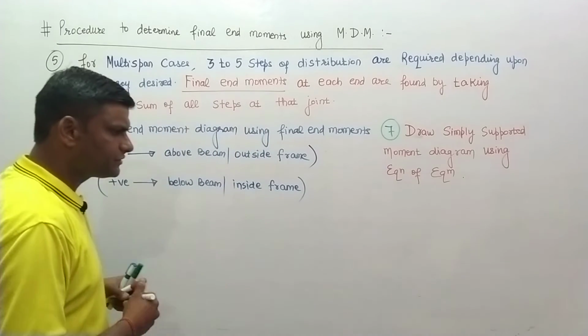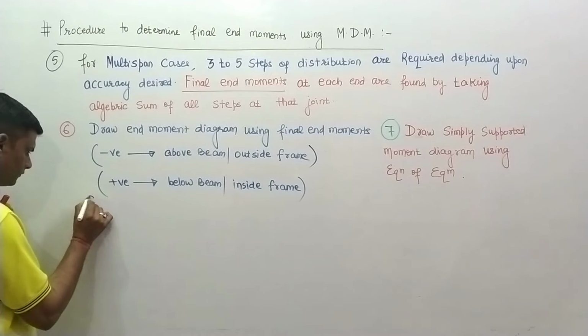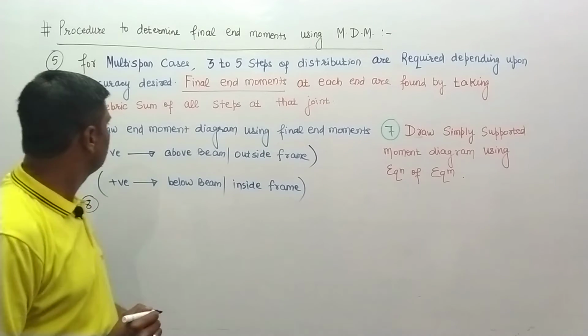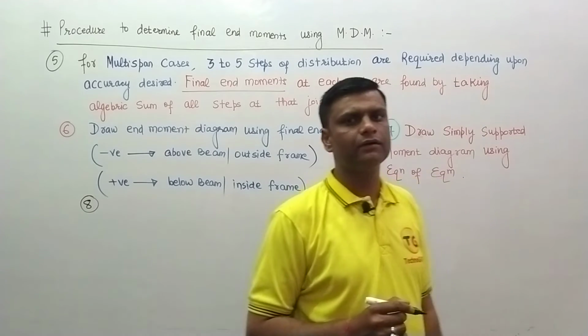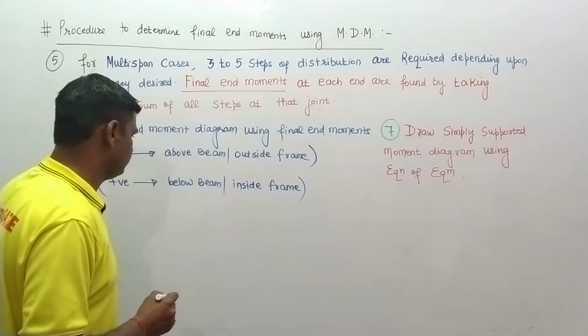Now eighth step is to superimpose the end moment diagram over the simply supported moment diagram to get the final bending moment diagram.